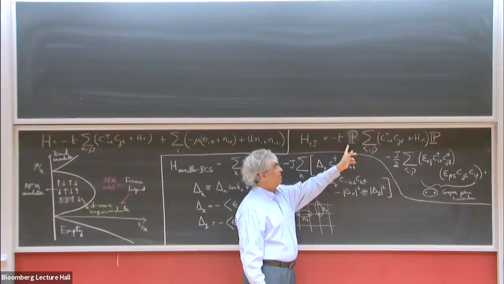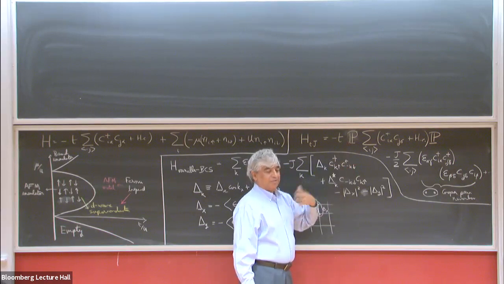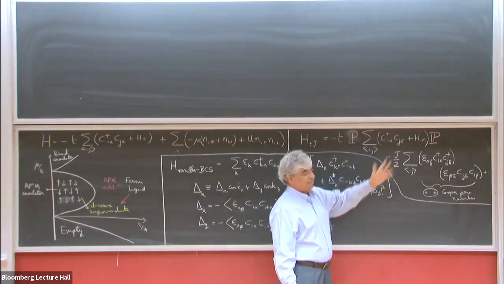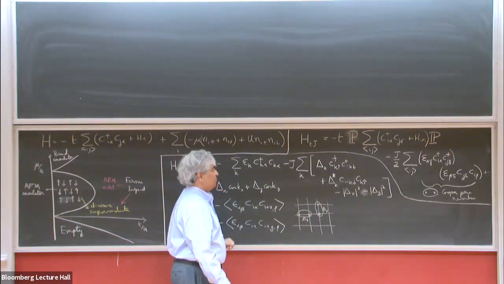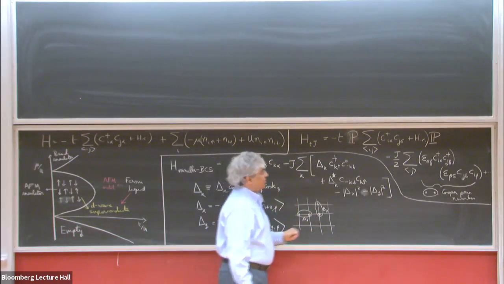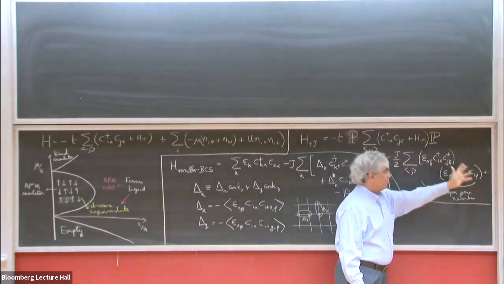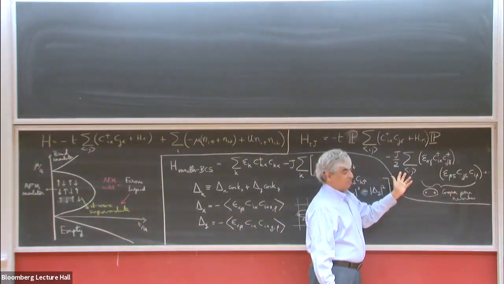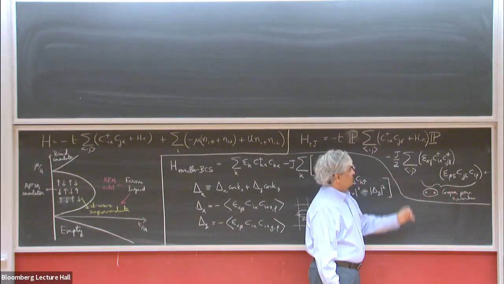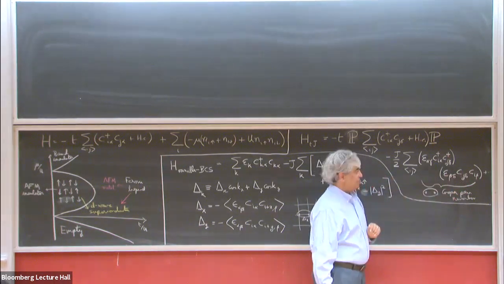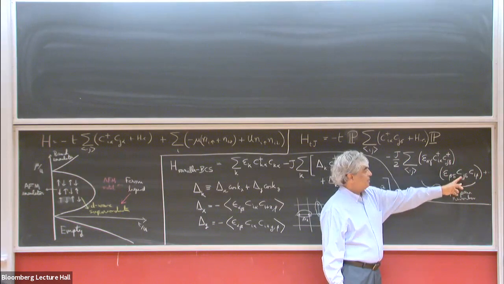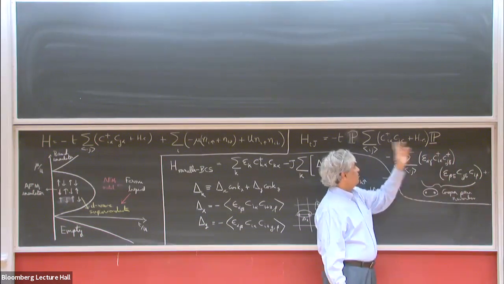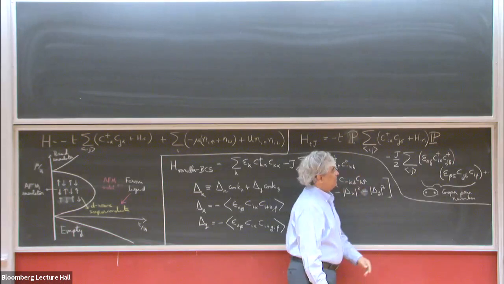This projector insists that you only look at matrix elements of these operators within the subspace where there are never any doubly occupied sites. Then the interaction term we wrote in this way. This term preserves the number of particles in every site, since there's always a c dagger j and a c j here. So you don't need the projection operator as such.